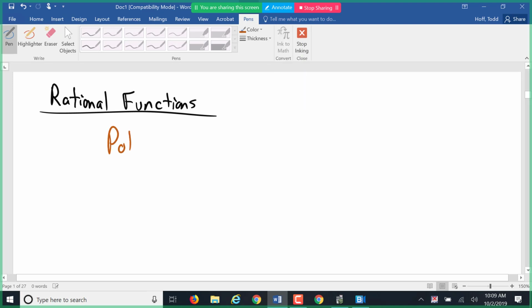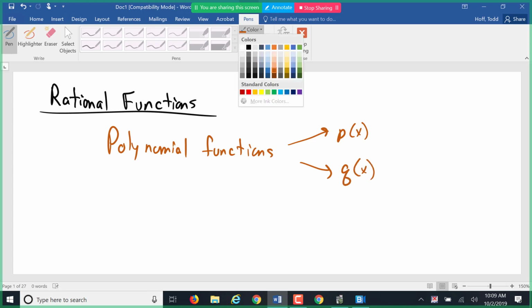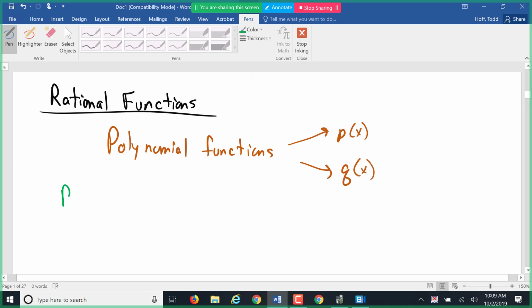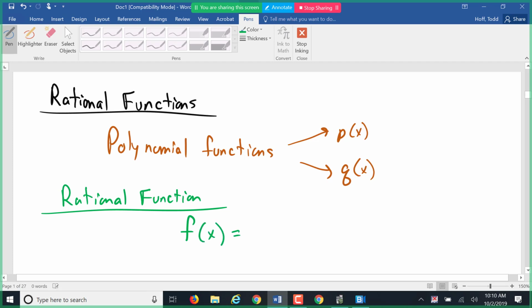So let's say I have polynomial functions P of x and Q of x. A rational function will be of the form f of x equals P of x over Q of x.